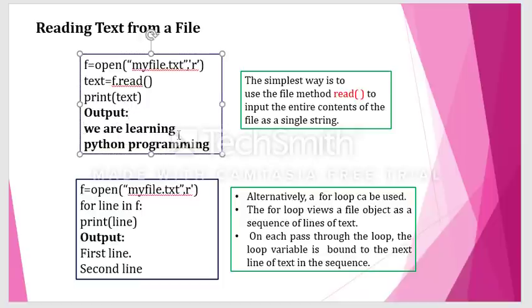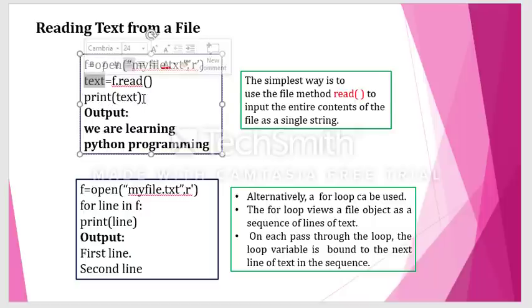So this is my first program, with which we can read the contents of the text file by using the read function, copying that content into a text variable and simply printing that text variable.